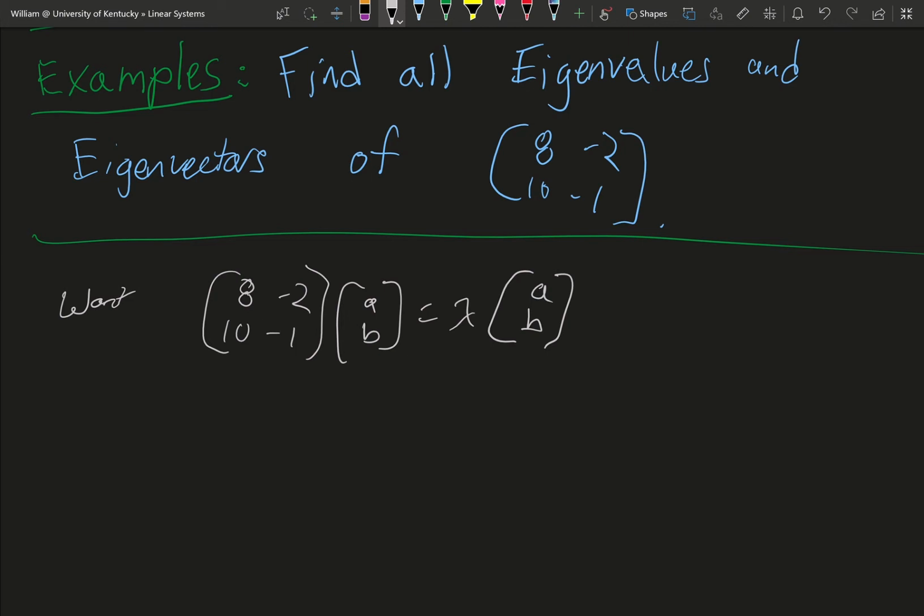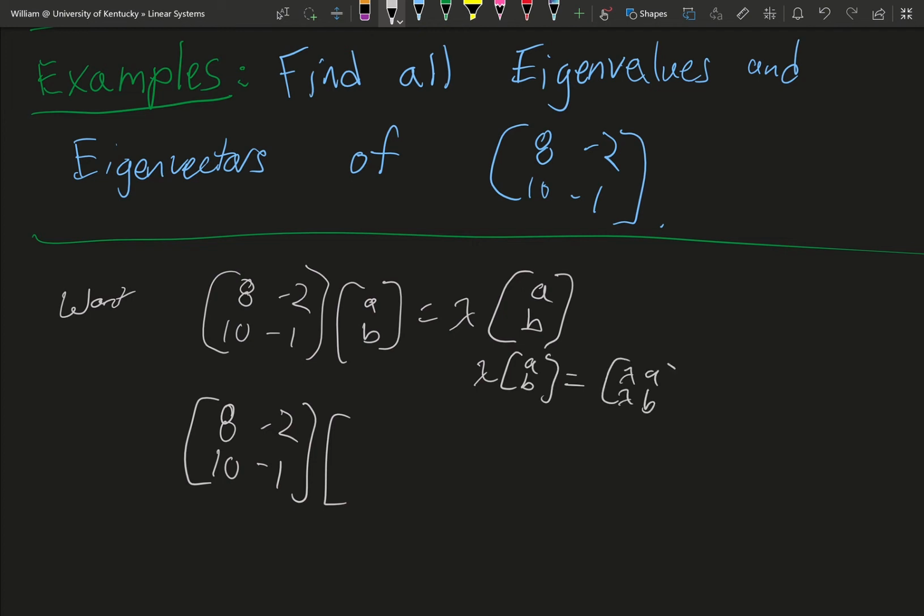So what we're going to do is kind of a trick. Lambda times (A, B) is just (lambda A, lambda B). Well, there's another way I could write that.